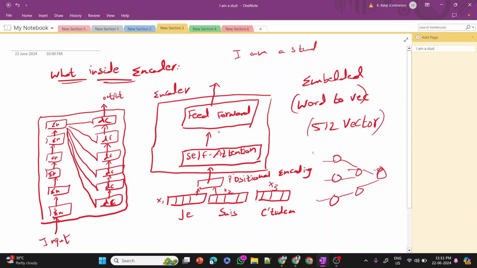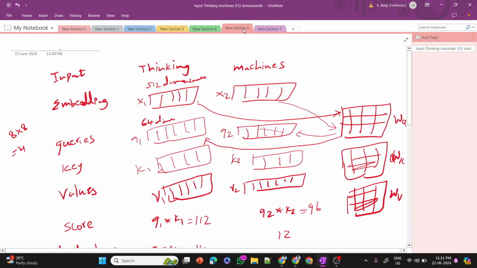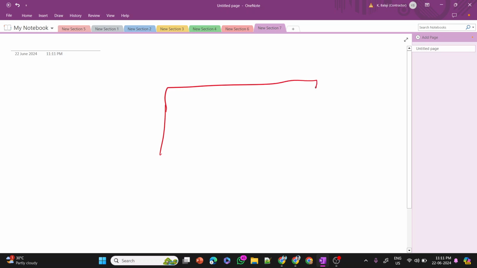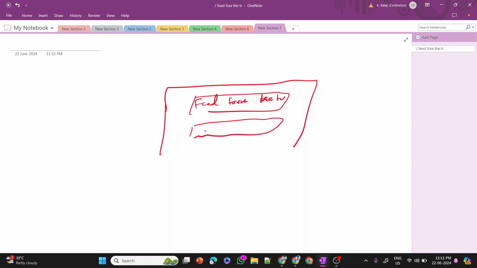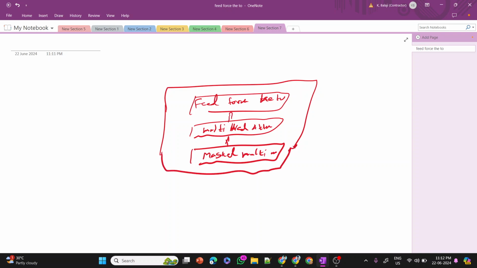The decoder has self attention and feed forward network, but in addition to these two there is one extra layer: the encoder-decoder multi attention and masked multi attention will be there inside a decoder.